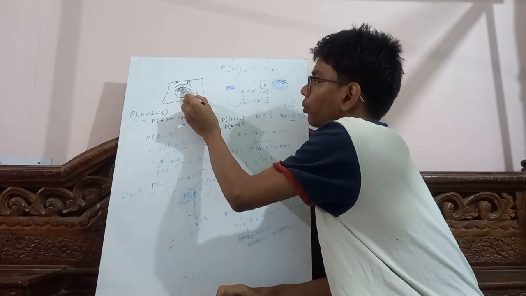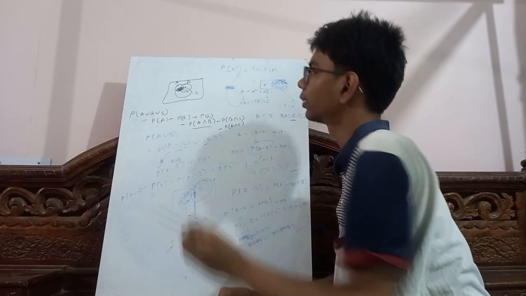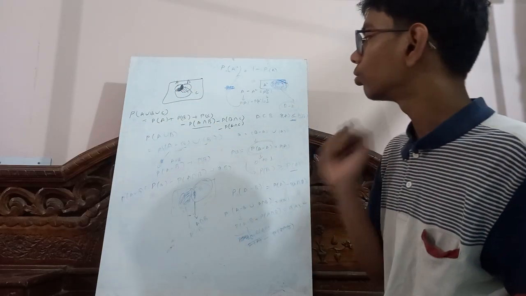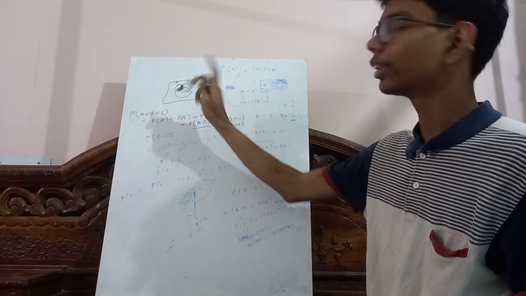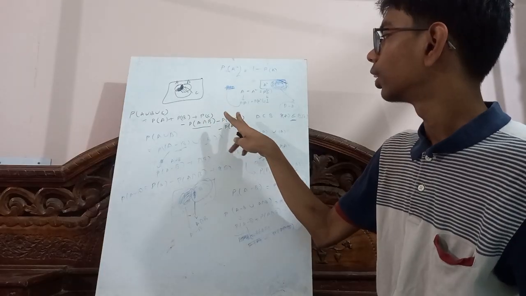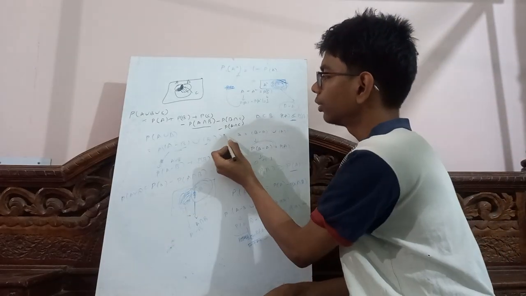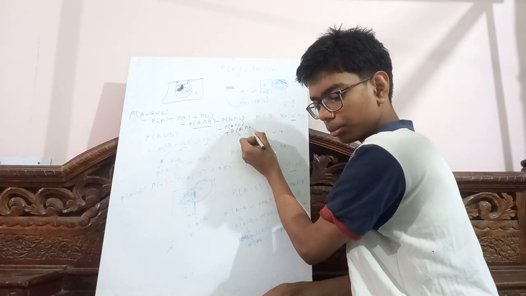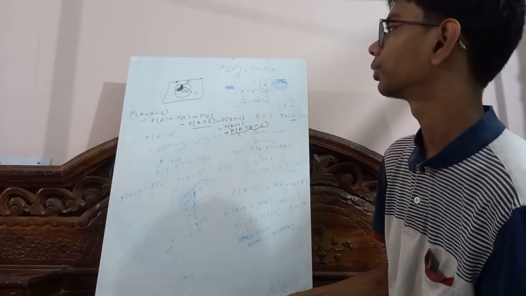Then I again removed this, and a third time I removed this, right? Actually I had to remove this one time, but by mistake I have removed it three times, right? So I am again adding one time probability of A intersection B intersection C to balance it out, right?